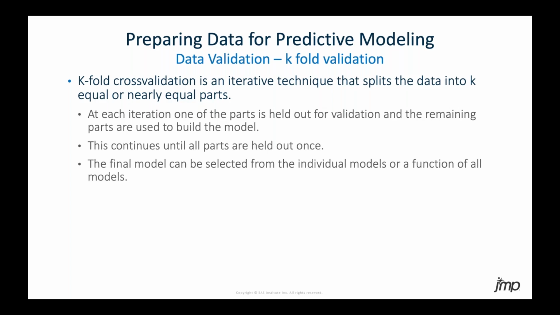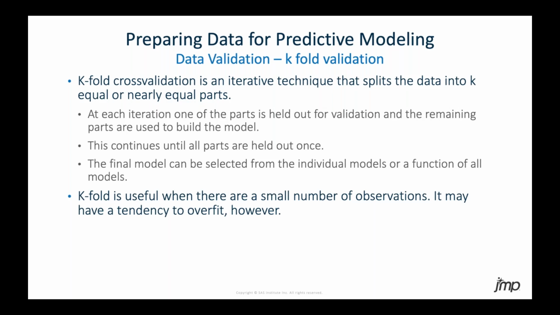Then at the end, the final model gets picked from my group. I use some weighted average. There are different things that I can do. Again, it's implemented in most software packages. I saw implementations of how you do this in R. So it's a very, very common technique. It's great for very small data sets.